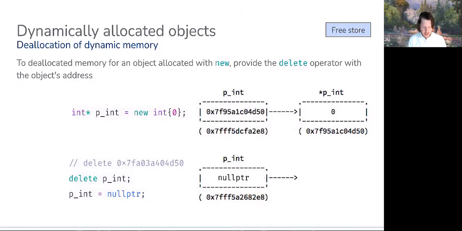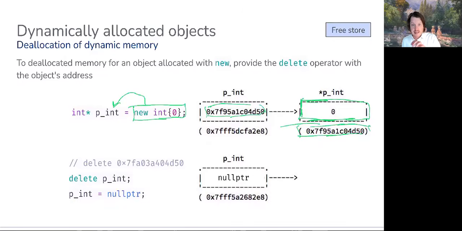So to set this up, we create a new integer object on the free store. We put its address in pint. So we have this nice object here. Pint is going to store its address to set up this relationship of pint pointing to that newly dynamically allocated object. Now, when we're through, we pass the address of this object on the free store, this one right here, to the delete operator.